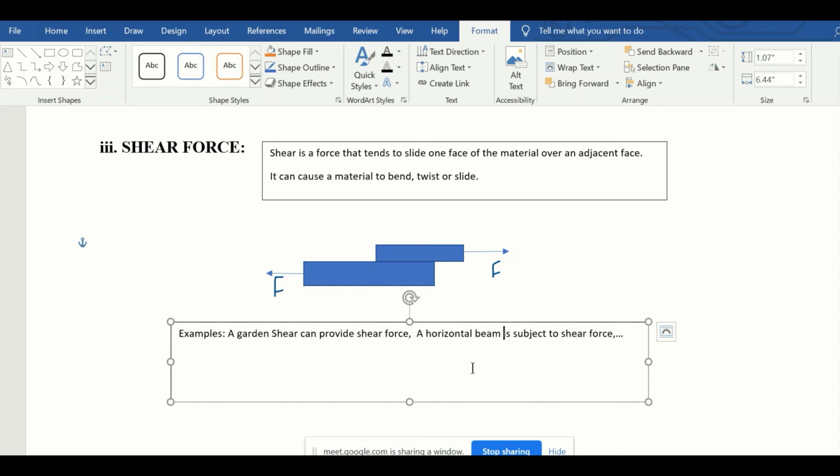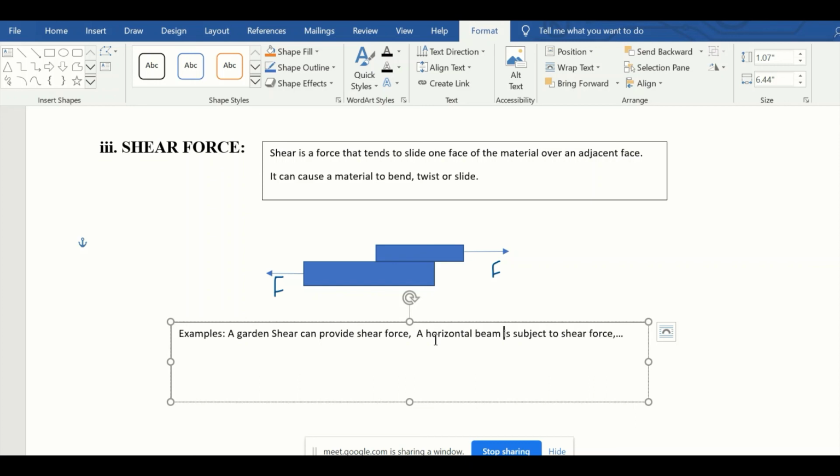Now, a beam is like a slab. I think you all know a slab. You can see a slab resting on the columns in your building. So the slab or the horizontal beam is like a slab that is carrying the roof.